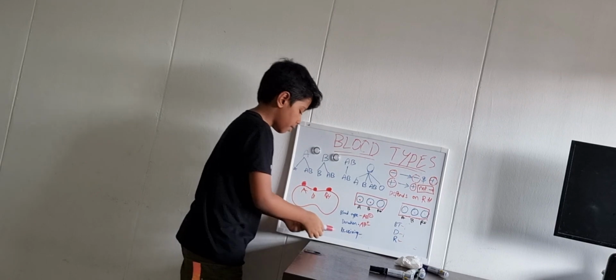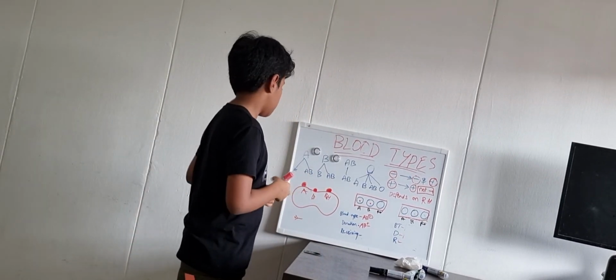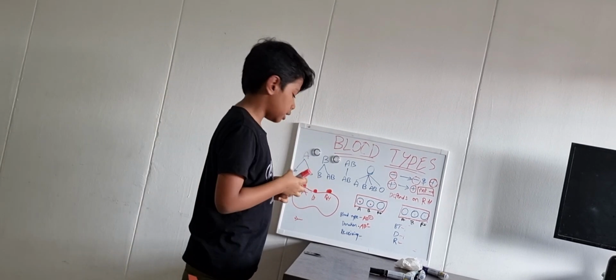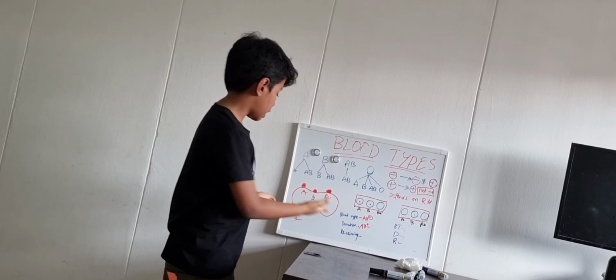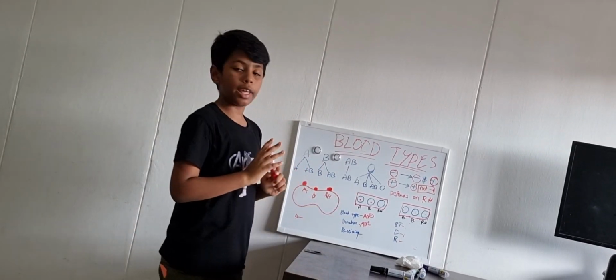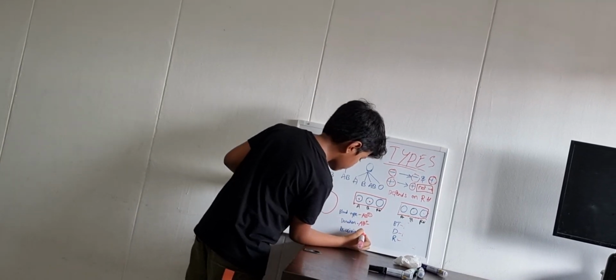So for the receiving can be anything. Okay. For the receiving, it is all of the blood types. Why? Because this blood AB is the universal receiver. Okay.